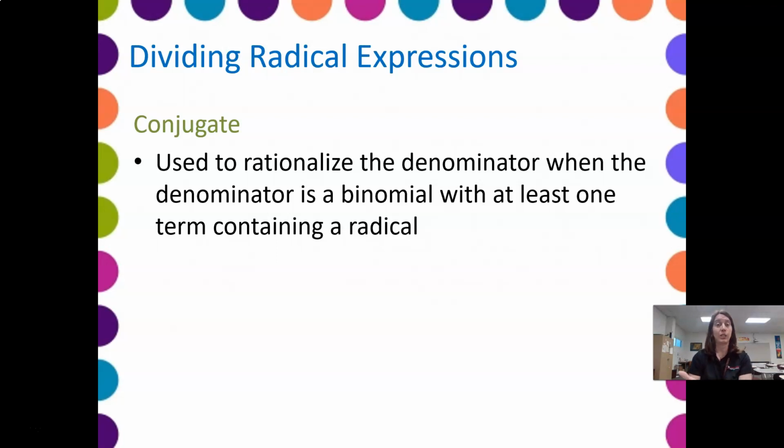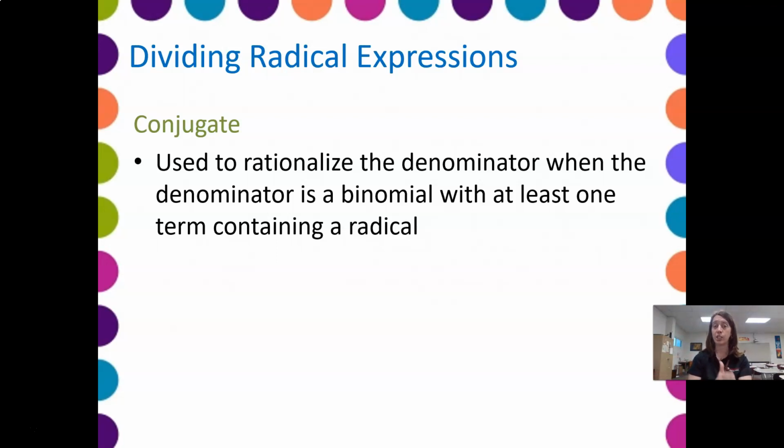That's an expression like 2 plus square root 3. In the two examples that I'm going to walk through with you, only one of the terms has a radical, like 2 plus square root 3. This process would also work if they were both radicals, like square root 7 minus square root 2. But let's just go with one radical in our denominator.